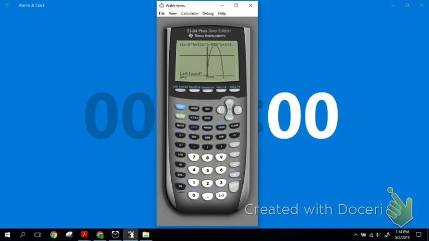So you see my little flashy X right here? They're asking you to put somewhere to the left of where we're looking. So I'm looking for right here, so I'm just going to put here and hit enter. Then it's going to ask me to go somewhere to the right of that. So I'm going to move right until I get to the right of that top thing, which is about here.